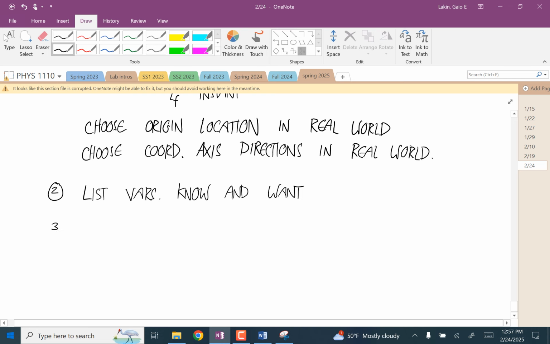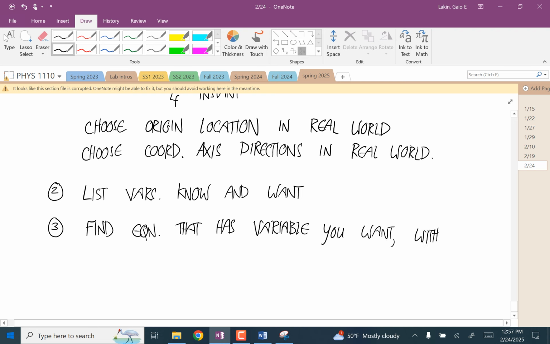Third, and hopefully this is the last step, just like in 1D, try to find an equation that has the variable you want, with every other variable known.